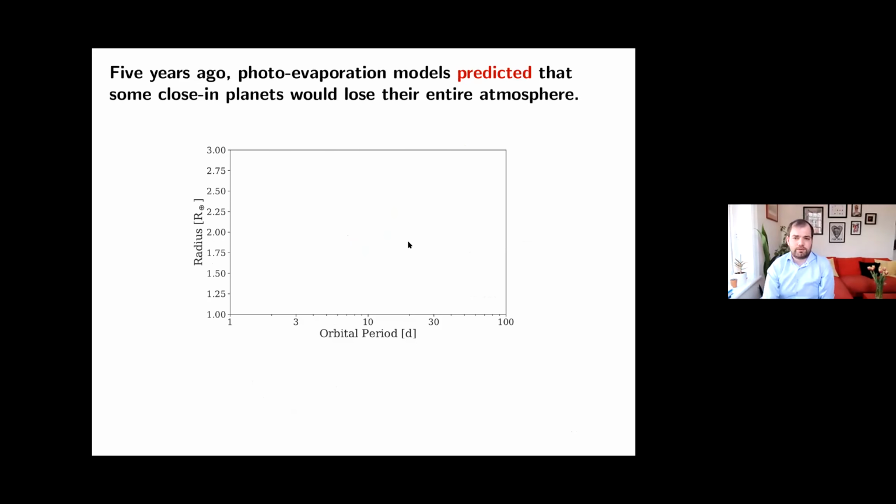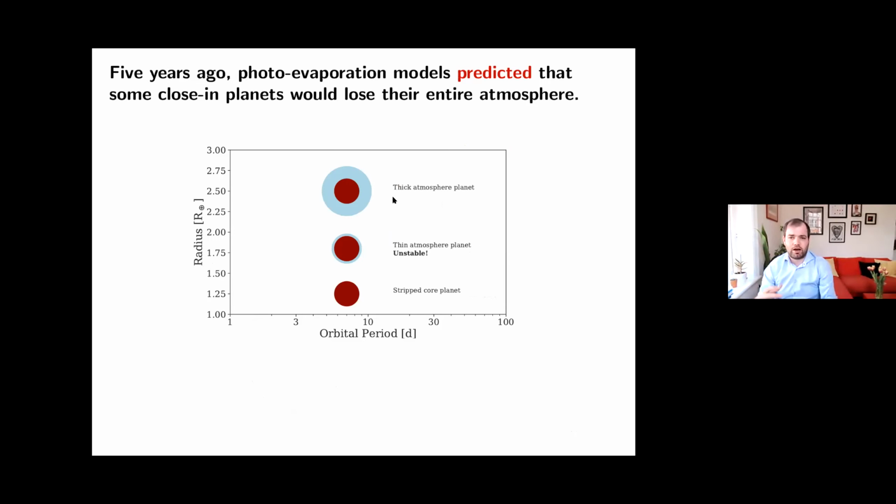And so if you look at a cartoon image of sort of what these models predicted, they said, if you go to about 100 days and you look at the planets Earth to Neptune size roughly, you would expect many of these would lose their entire atmosphere. And so you would end up with 3 possible categories of planets. Let's say those that have a thick atmosphere, where the atmosphere actually is about as big as the core itself, but very low mass, mostly hydrogen and helium.